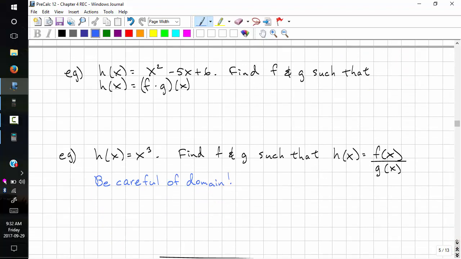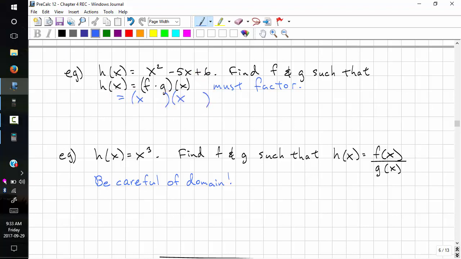H of x equals x squared minus 5x plus 6. Find f and g such that h of x equals f of x times g of x. The only way to get an f and a g that's not trivial is to factor. Must factor. So we have equals x, x.